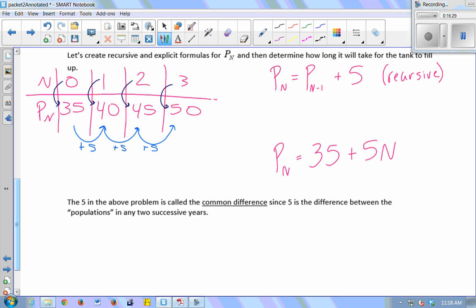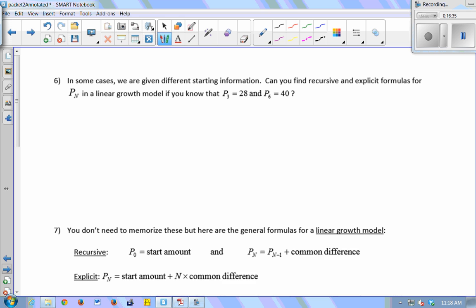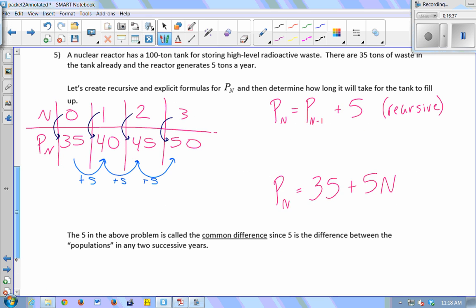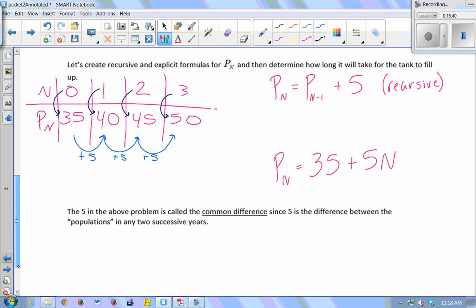We call 5 the common difference. Oh, I didn't finish the question, did I? I was also going to determine how long it takes to fill the tank. So this is my explicit formula. I should write that down. It's explicit because it only uses n, no other numbers in the P sub n list.